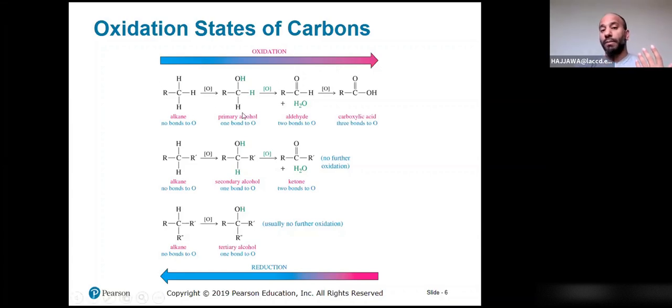Keep in mind that the primary alcohol is the only one that's going to be taken to a carboxylic acid. Why? Because the secondary alcohol will not be delivering a carboxylic acid, it will be delivering a ketone instead. And the ketone, in some reactions, you will be able to take to an ester, but not a carboxylic acid.